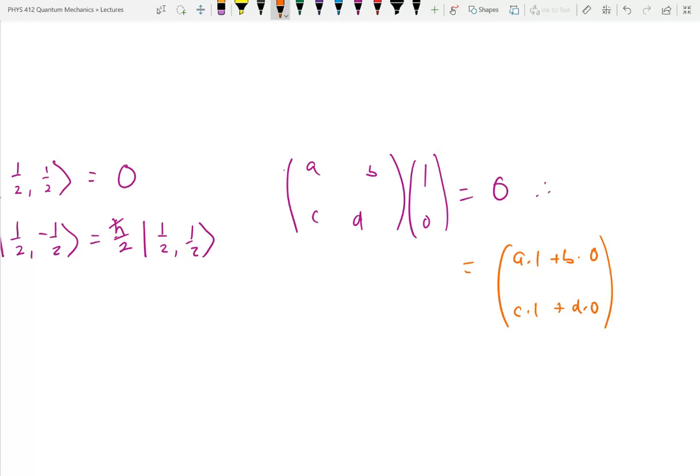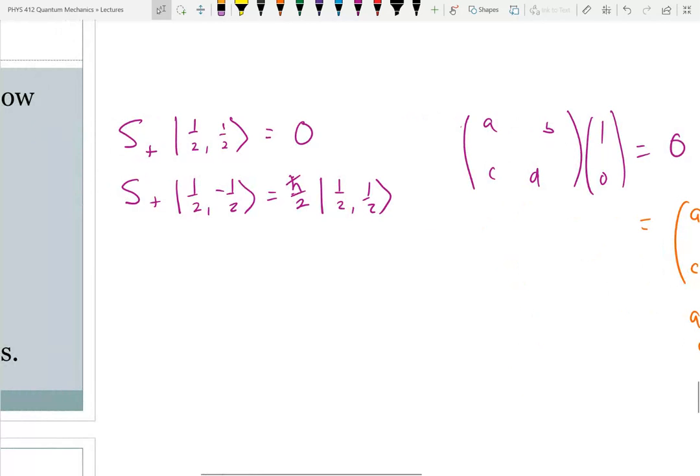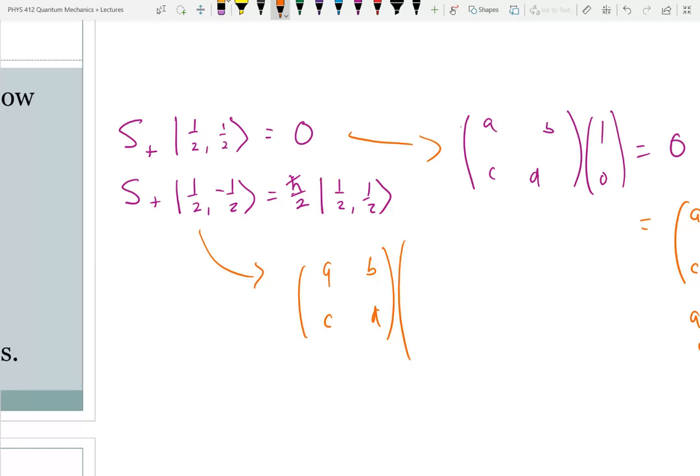And so that's what gives us, so that's what I get by applying this rule. By applying this one, I'm going to have that relationship.